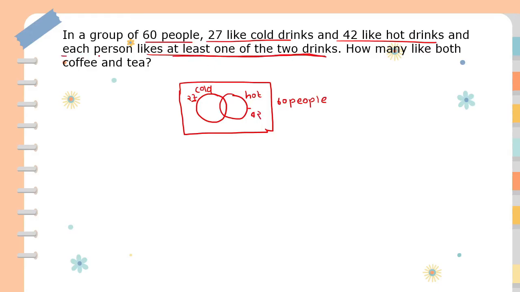So this is 60 people, 27 are fans of cold, and 42 of hot. Each person likes at least one of the two drinks, so that means there is no person who doesn't like these two drinks. So this is 27, this is 42, and in total there are 60 people.